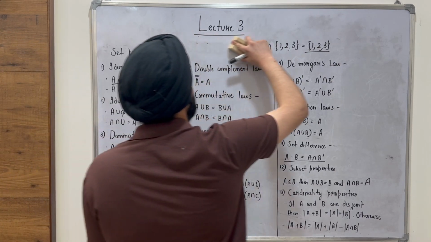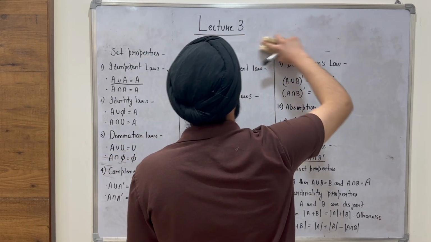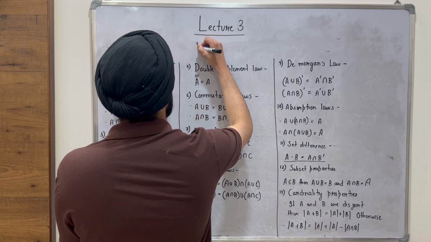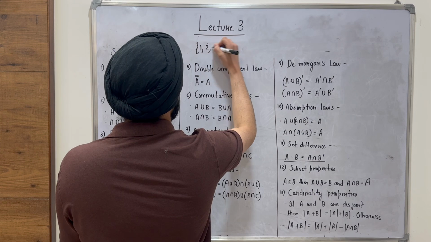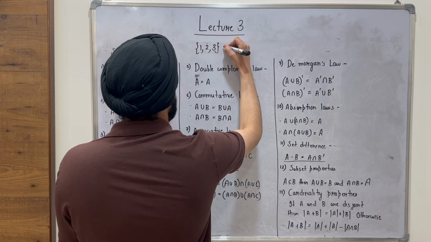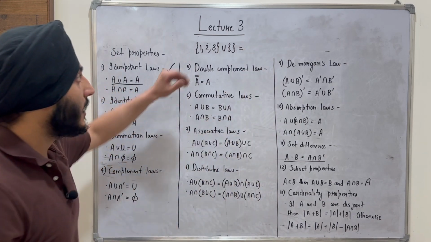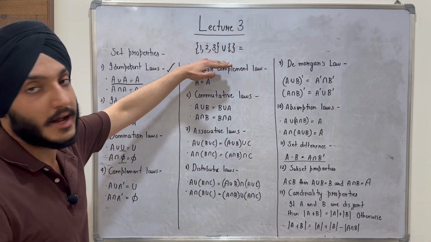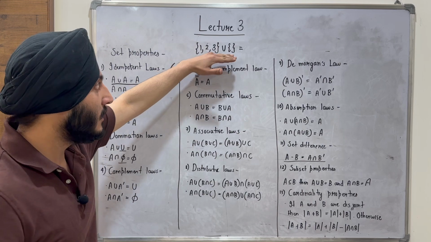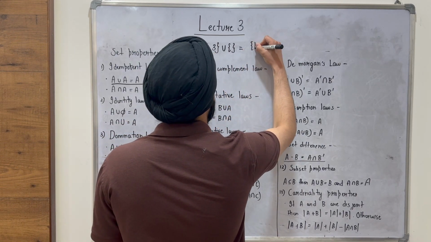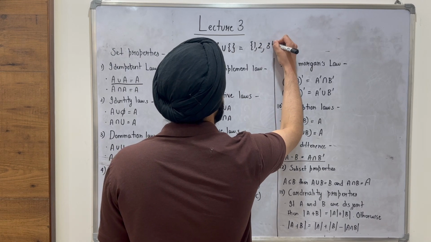So let's try to solve it over here. Let's say A is 1, 2, 3, union the empty set. It basically means combine all the elements together, right? Between 1, 2, 3 and the empty set. It would simply result in 1, 2, 3 over here.